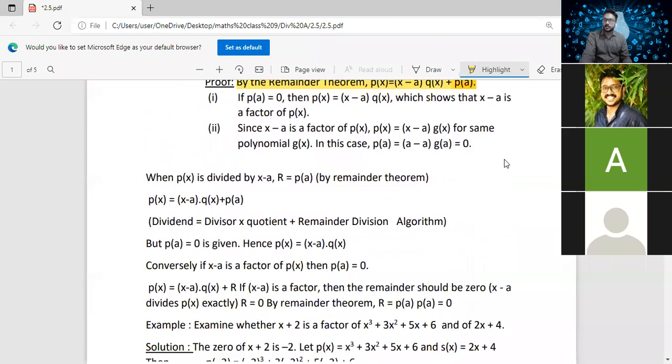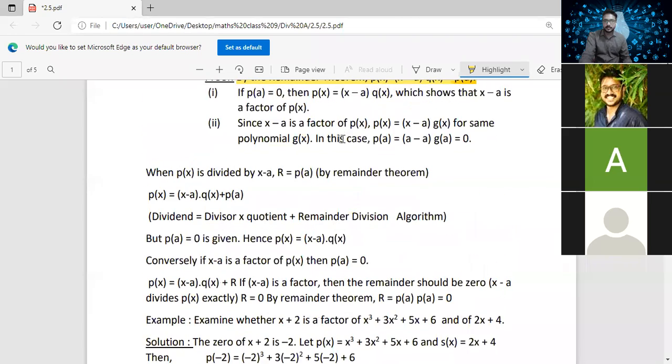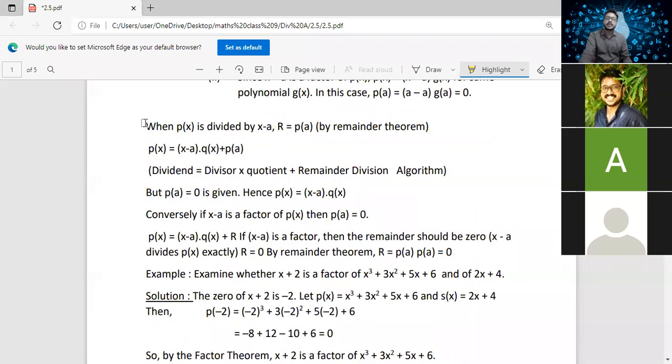So now we are going to prove it. See, when the polynomial p of x is divided by x minus a, then the remainder is r is equal to p of a. This is what the remainder theorem states.